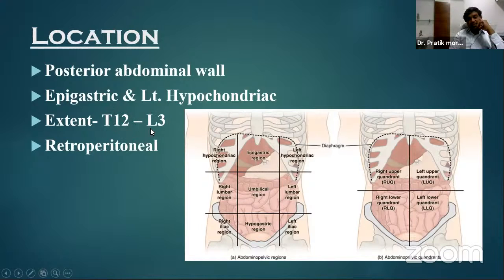Okay, that is the extent of the vertebrae, that is thoracic 12, L1, L2 and L3. Then it is retroperitoneal. Retro is behind. Okay, it is retroperitoneal, that is, behind the peritoneum. Okay, are you clear until this?